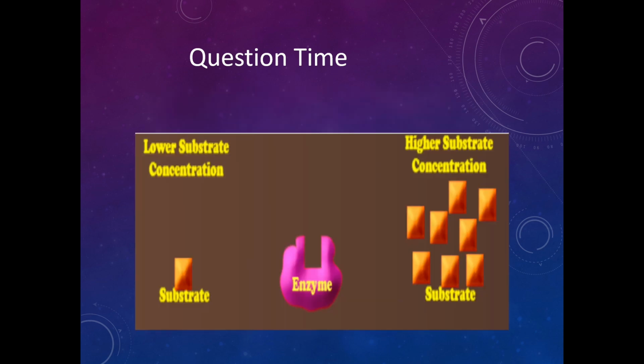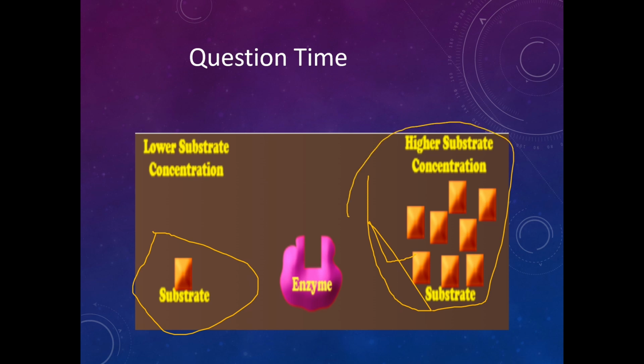Guess what is the third factor that affects the enzyme activity, the rate of reaction? This is the amount of the substrate. So if I have this amount of substrate, actually it's 1, and this higher concentration of the substrate, the enzyme activity will be more for each of them.